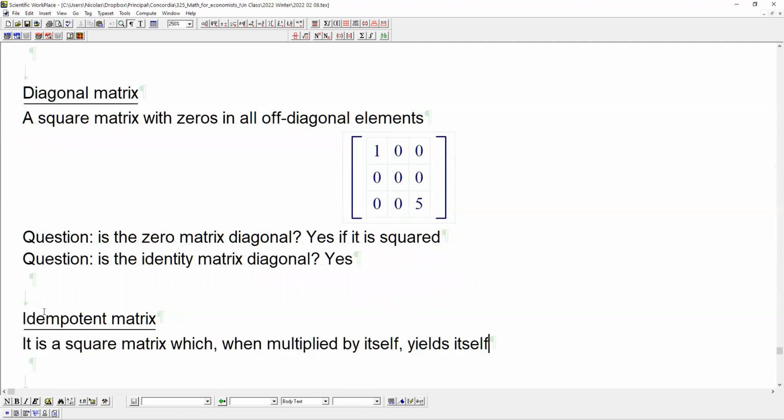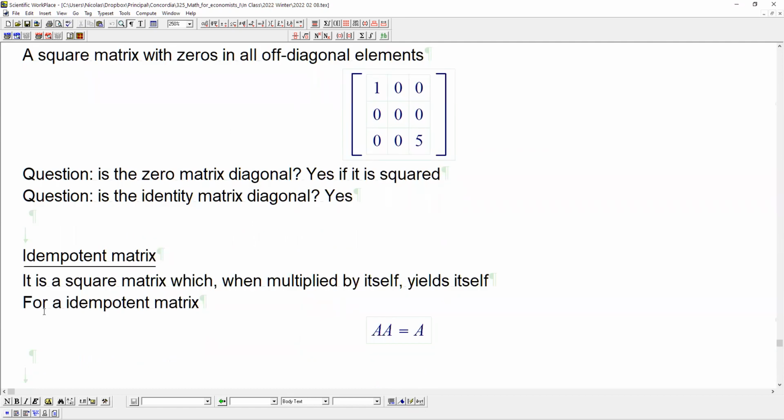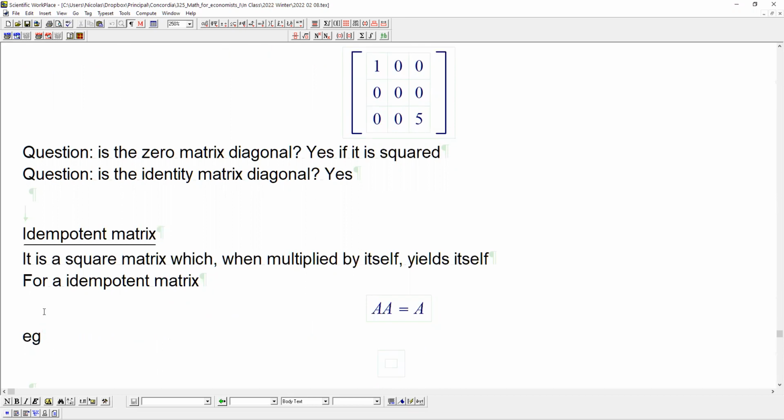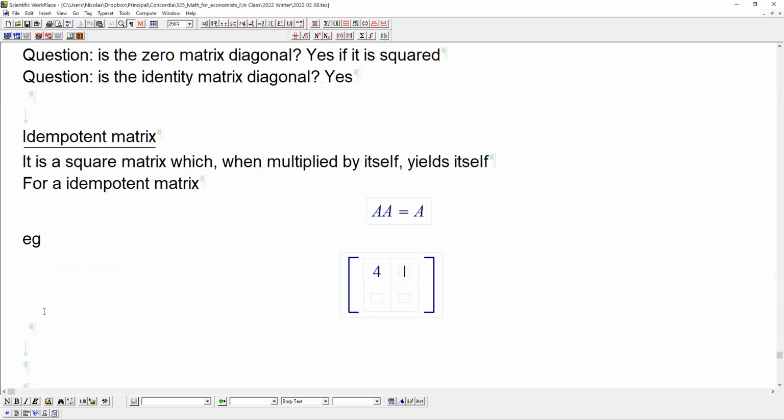So this is many, many words to just say this: AA equals A for an idempotent matrix. And they look magical, at least to my eye. I wouldn't know that I could come up with them on my own, but they're neat. There are ways to build idempotent matrices. Yeah, there are general forms.